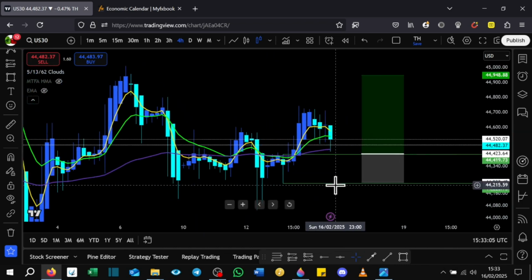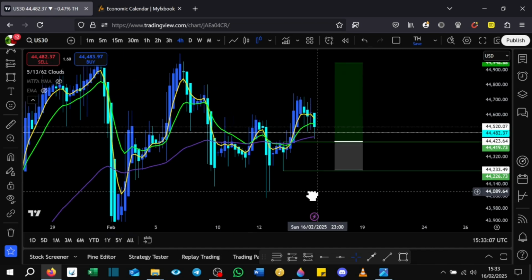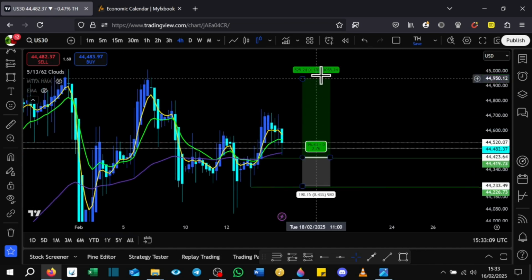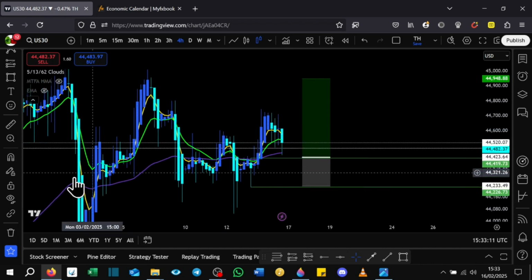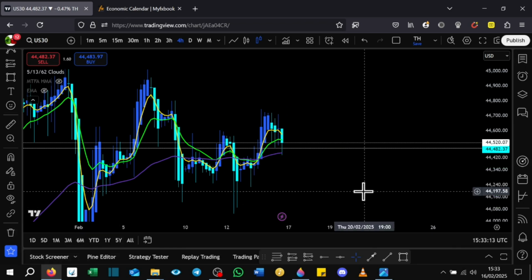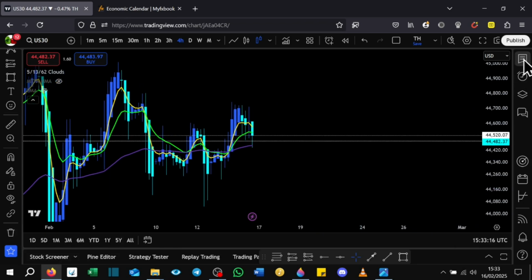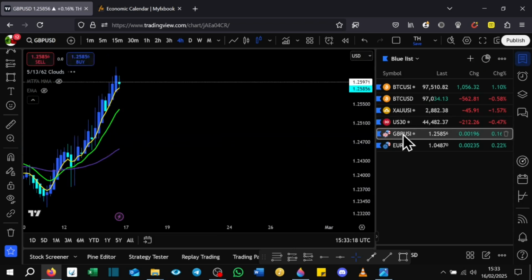But that's what I'm seeing for US 30 next week. I do think we're going to go on a bullish run from there. So I'm hoping the buy stops and the sell stops are starting to make sense.